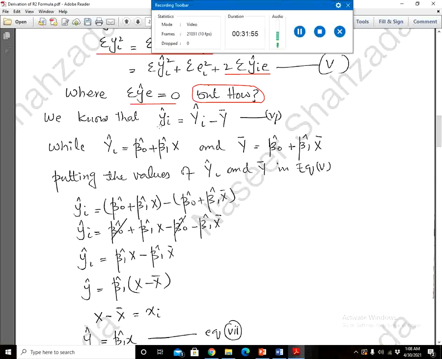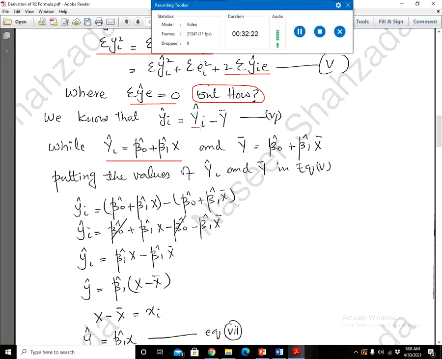We know that small yi cap is equal to capital Yi cap minus y mean, while we have also previously studied that Yi cap is equal to beta naught cap plus beta 1 cap x. This is the estimated regression line that we have estimated through ordinary least squares.